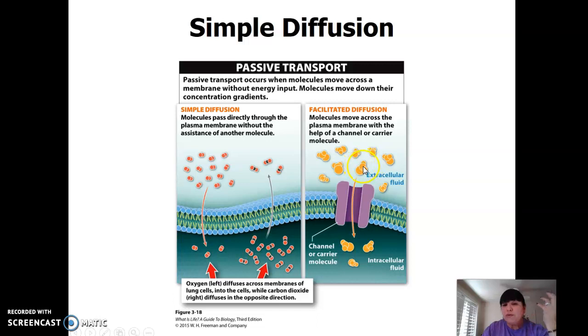So glucose will move through that way. Amino acids, remember amino acids make up proteins? They move through facilitated diffusion. So oxygen, carbon dioxide, water moves through passive transport or simple diffusion. Bigger molecules like amino acids, carbohydrates move through facilitated diffusion.